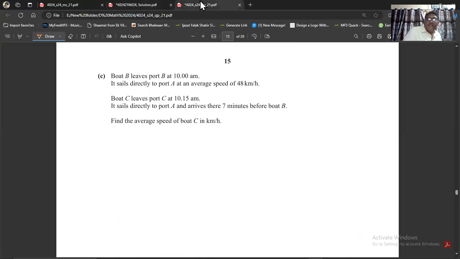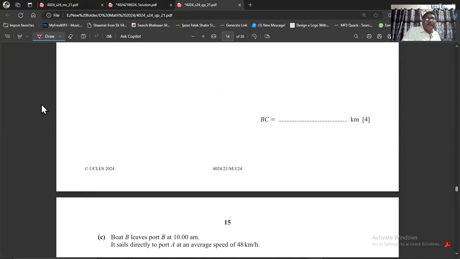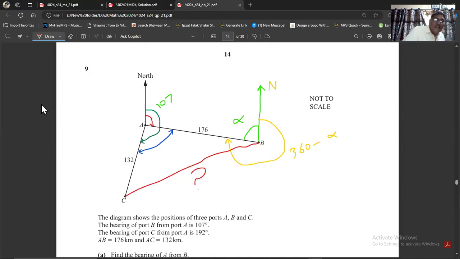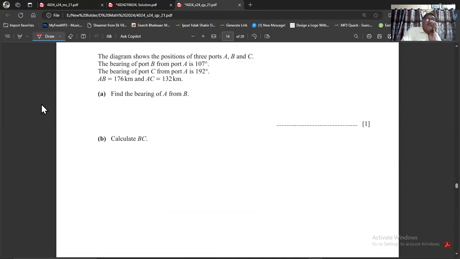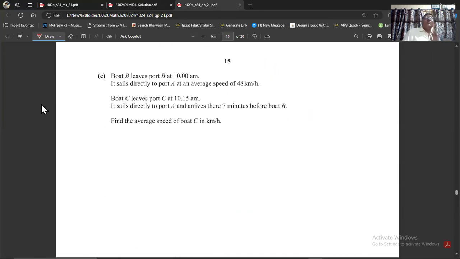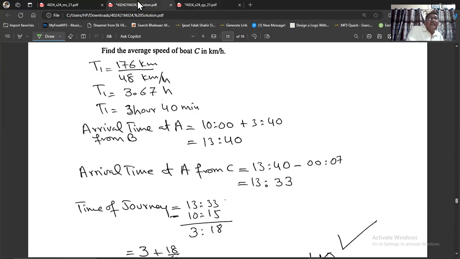How do I know that distance? That distance is given here. So let me show you. The distance between the port B and the port A is 176, and the distance between the port C and port A is 132. So I will divide the 176 by the speed, that is 48 kilometer per hour. So I will get 3.67 hours.